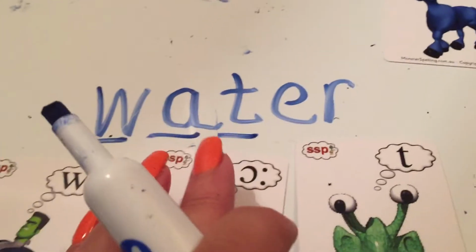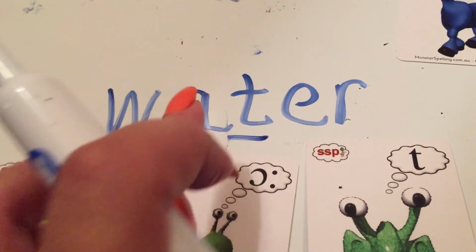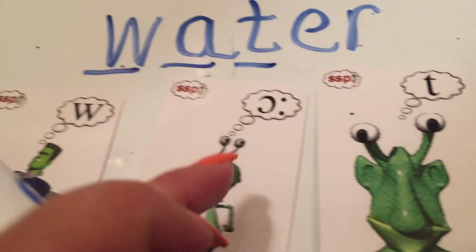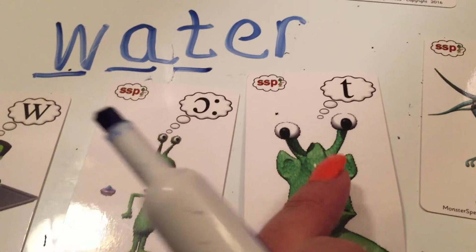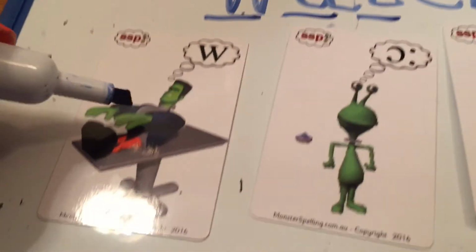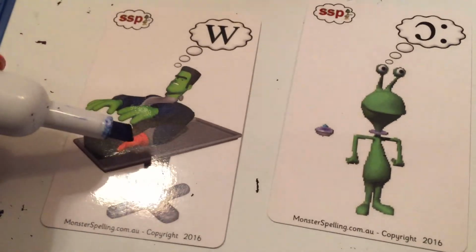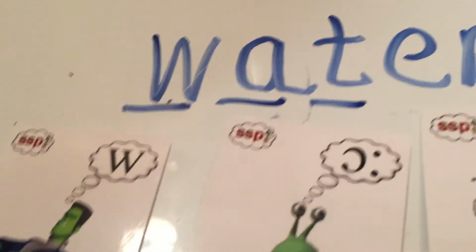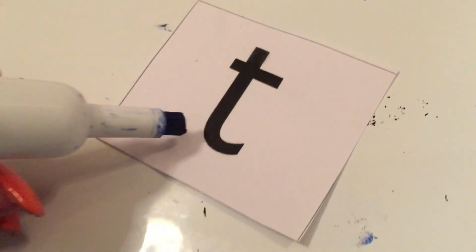Okay, so you come to a word, they've spotted that. You can either tell them that's the word and they work it out, or you show them the monster, especially if they already know the sounds, the monster sounds. And so you can say, what sound does the monster say? Because he actually says that sound with his mouth. If you're saying, you know, what sound does that make? That doesn't make a sound.